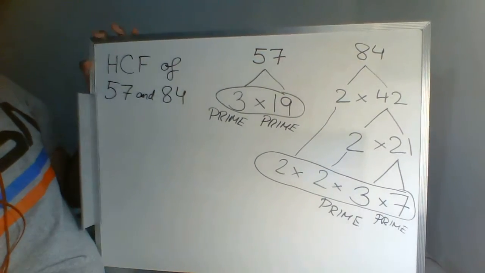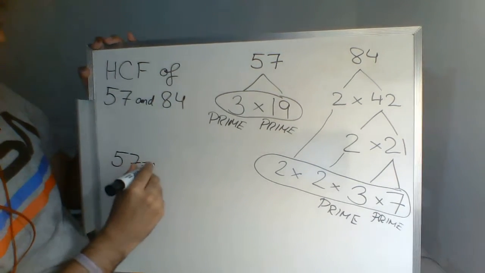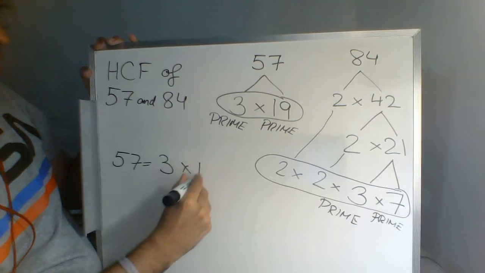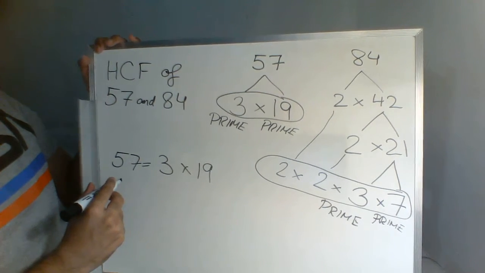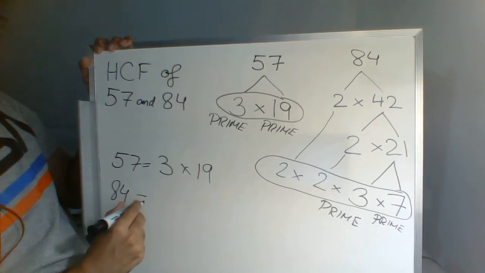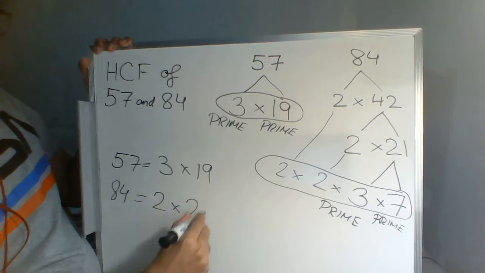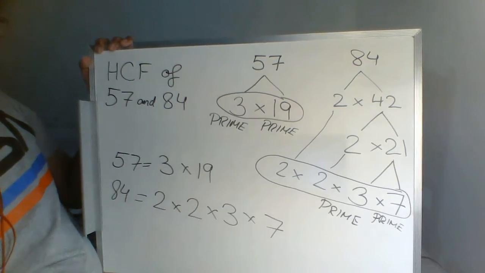So if we just list those, okay, 57 is equal to 3 times 19. And for 84, it's a little bit different. It's going to be 2 times 2 times 3 times 7.